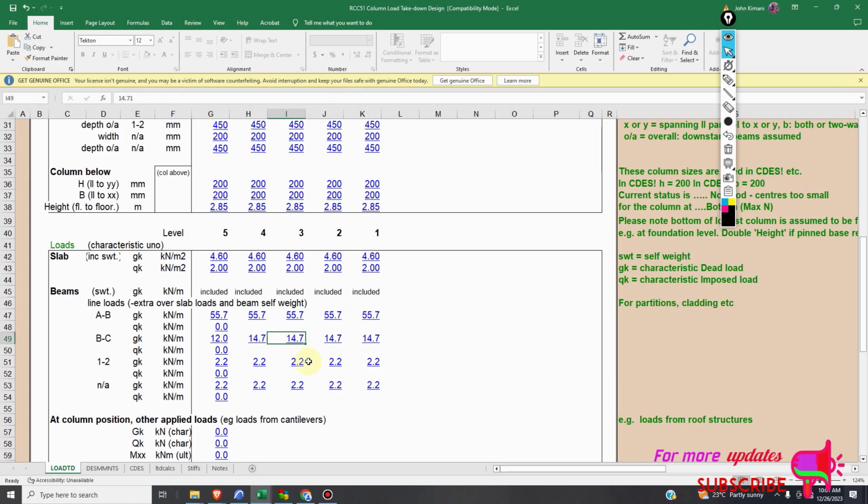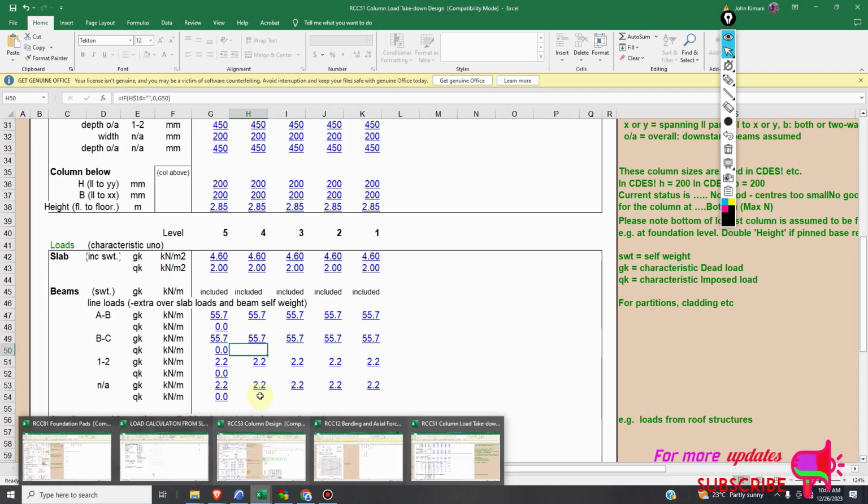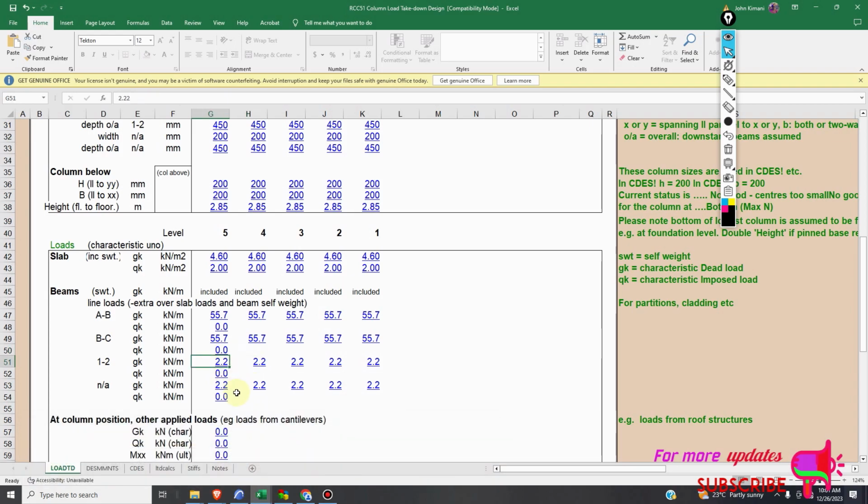Then here this is just the same. Now we also have the right load is 0.